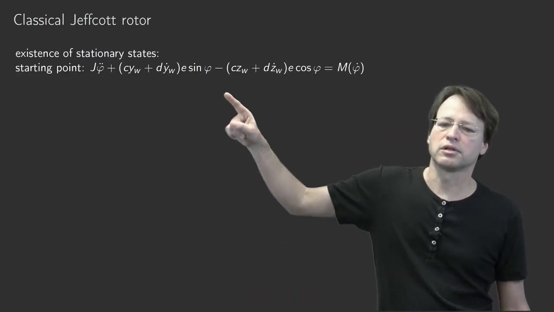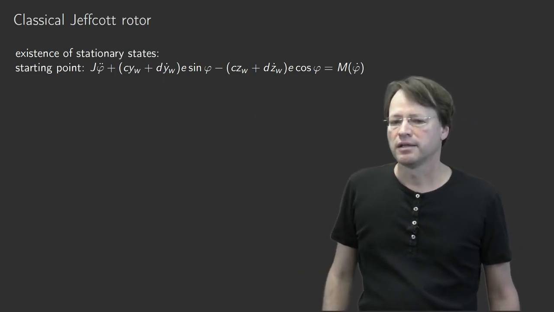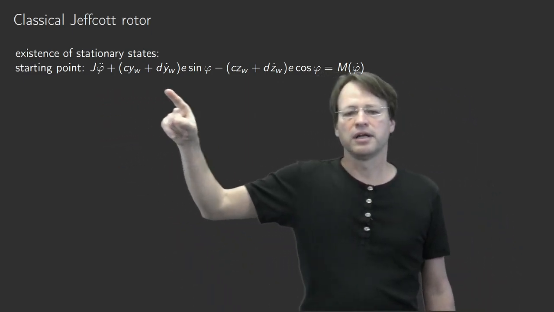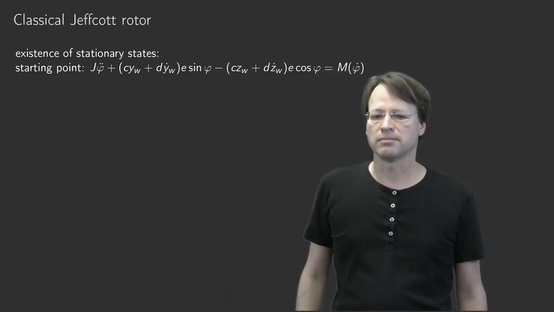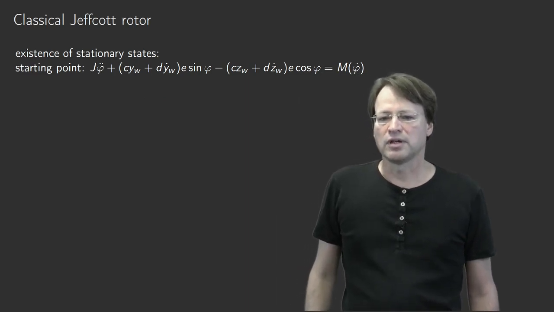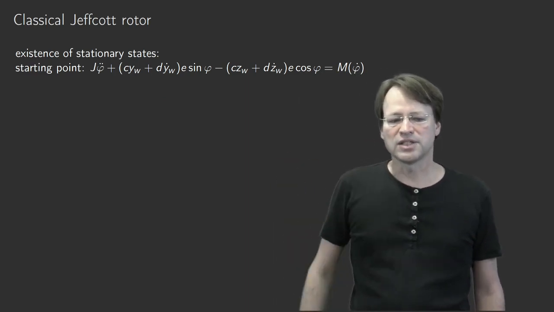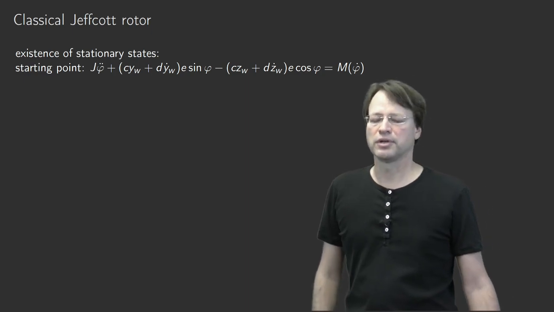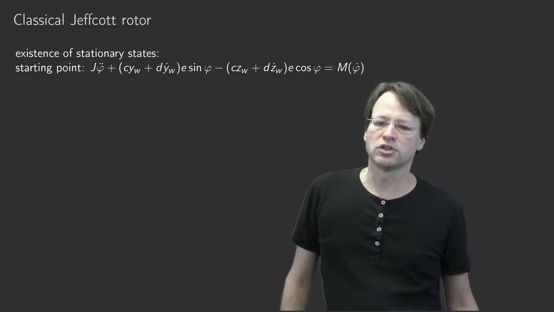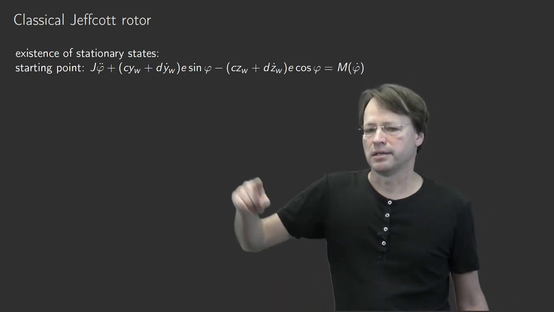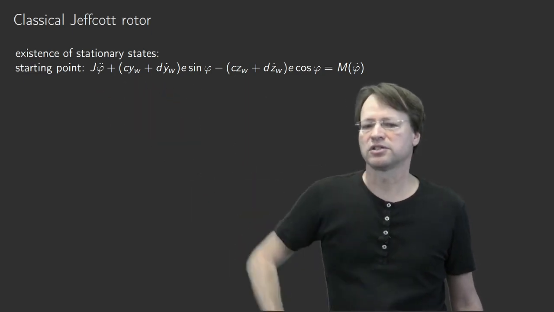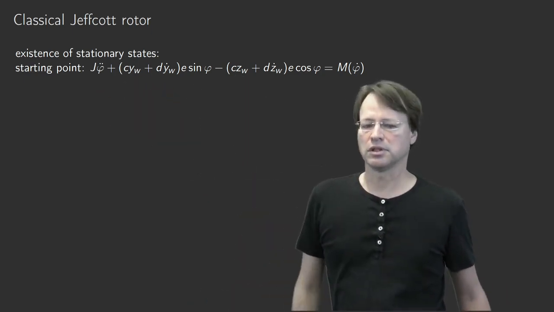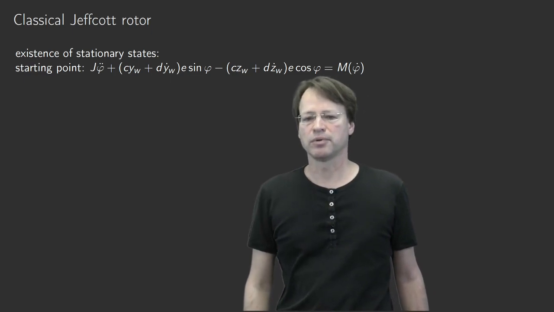The starting point is the third equation we had. This was the third equation. It's the balance of angular momentum. In that balance of angular momentum, we try to derive a necessary condition for stationary operation. That necessary condition is obtained by setting the angular acceleration to 0. This is a necessary condition for stationary operation.